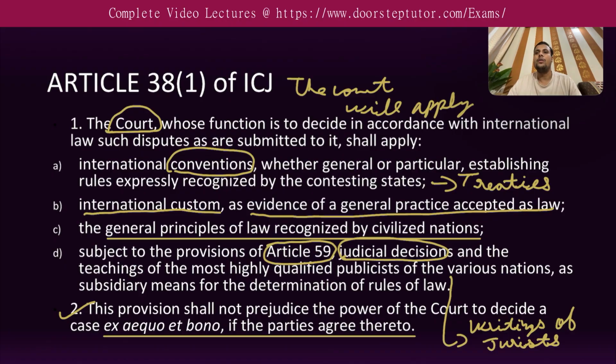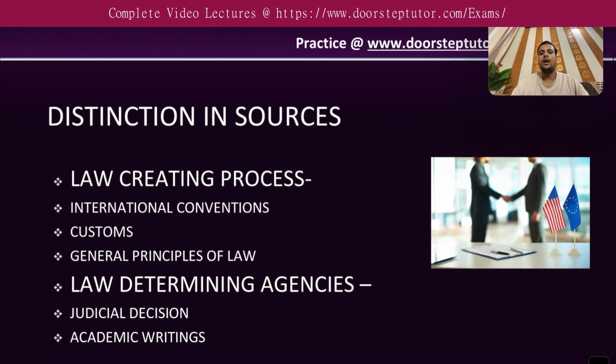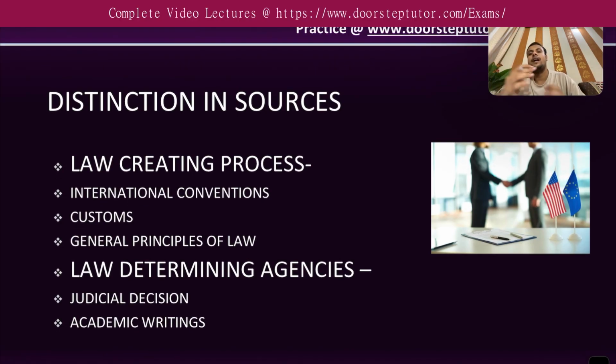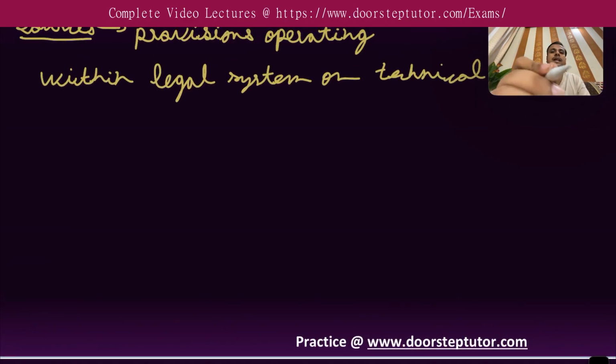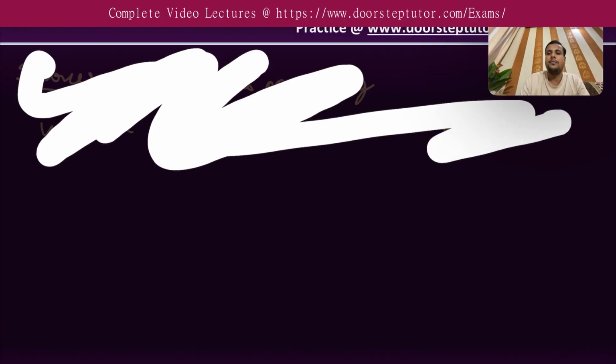Now, the different jurists have tried to create a distinction in these sources. So first let me summarize or write these sources, then you will be able to understand them much better.